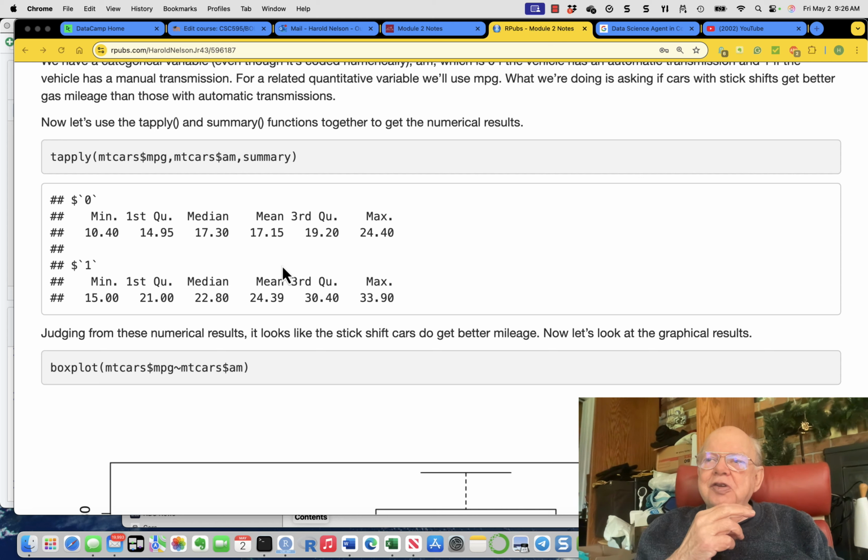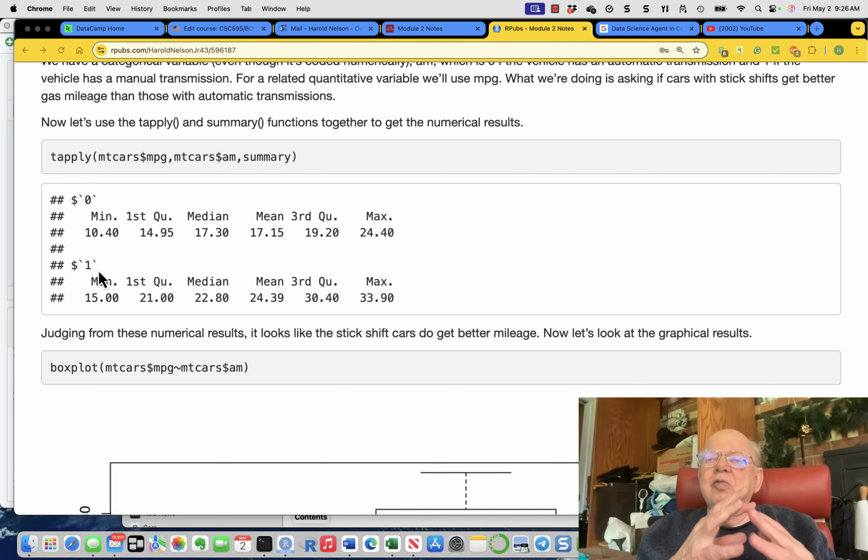Back then, a stick shift meant that you had a cheap car, which is typically very small in weight and has a very small engine. So what you may be seeing is the impact of having a lightweight car with a small engine. It may not be the characteristics of the transmission at all.